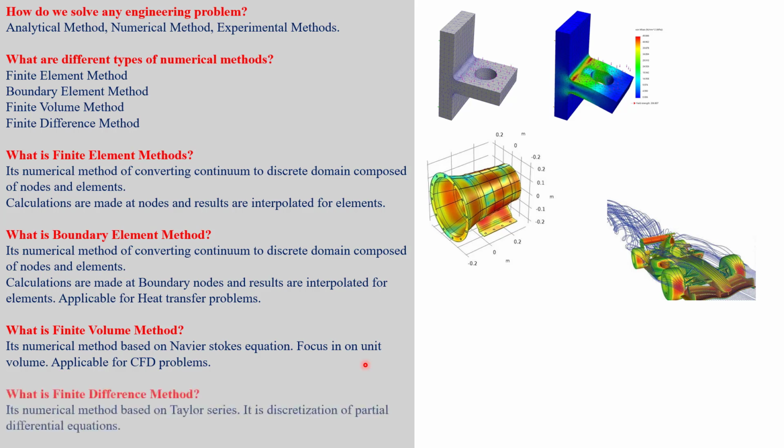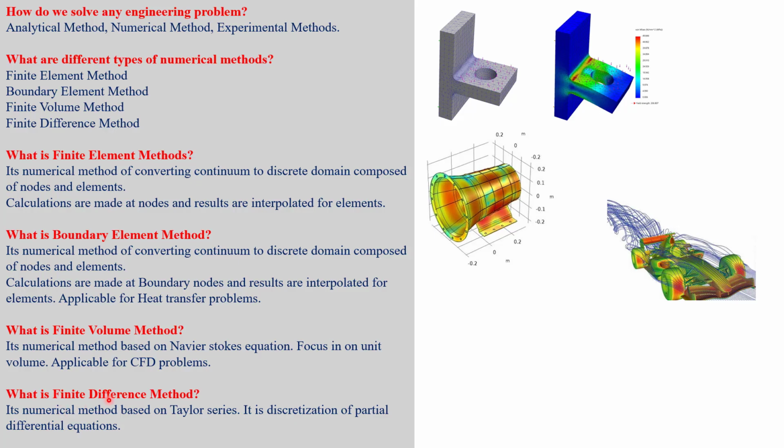Finally, we have the finite difference method, also called the Taylor-series based method. I had already explained what the Taylor series is and how it is utilized. It's very important. This is the discretization of the partial differential equation, and we already know what partial differential equations are.